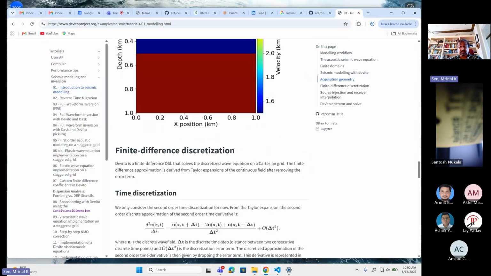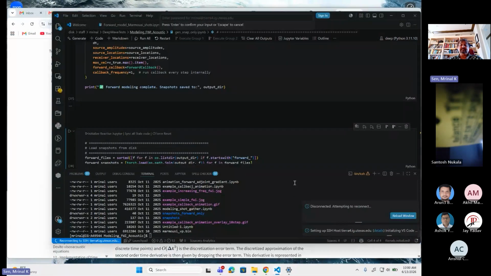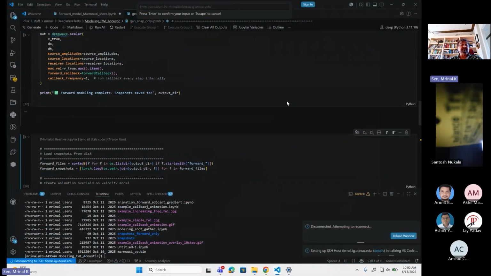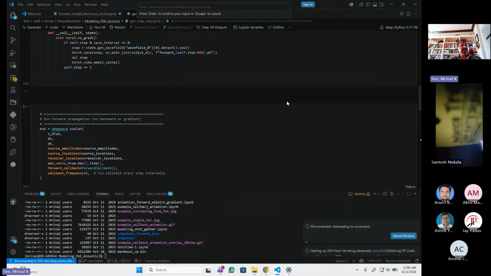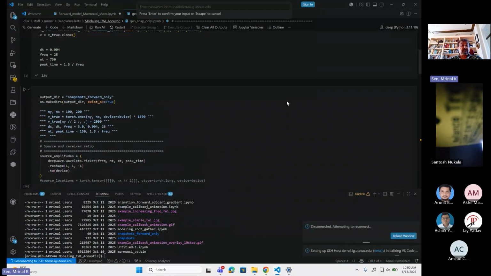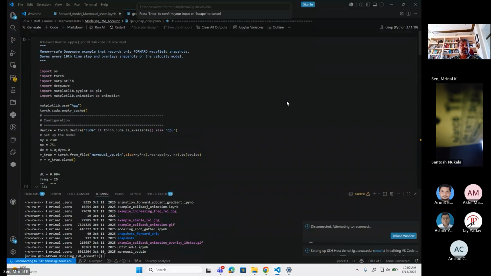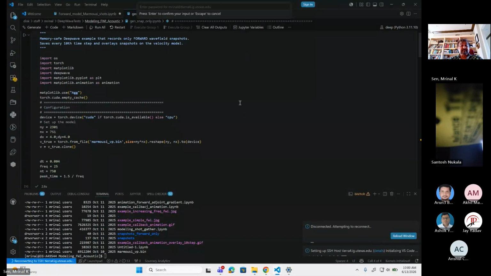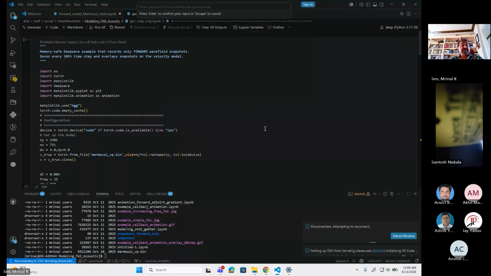Okay. So let me show you a quick run with Deepwave. I don't have the Devito stuff ready, so I'm just going to show you some of these codes. Okay, so this is your Deepwave calculation.